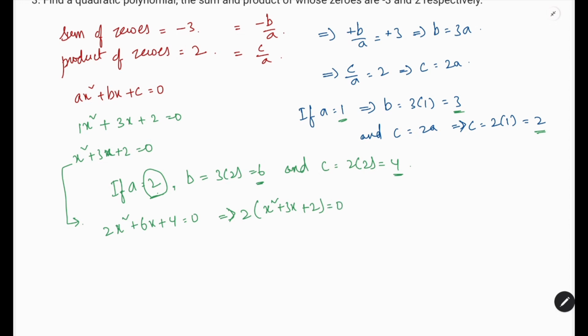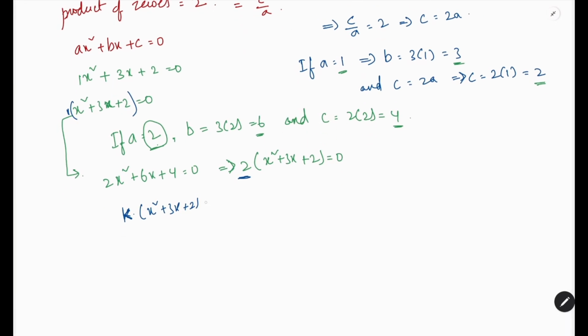See here, the number 2 is taken common. Here 1. So like this, it can be any number. Take, for suppose, a number k. k of x square plus 3x plus 2 equal to 0.